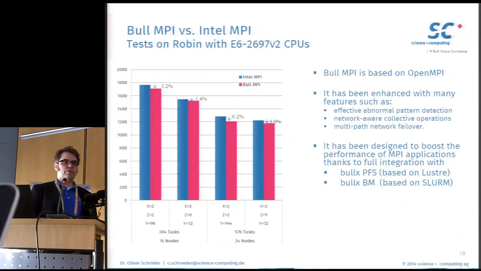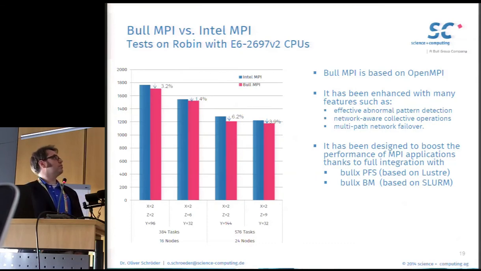Then the last thing that we did, and this is not an entirely fair comparison, is we compared Bull MPI to Intel MPI, and here we just use them as they come out of the box. So it just goes to show that there can be a difference in MPI, and the improvement decreases as you go from the default decomposition to the best one.